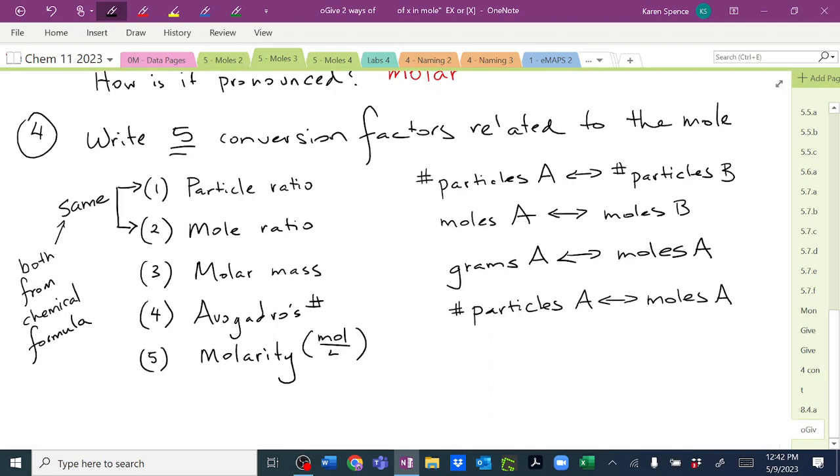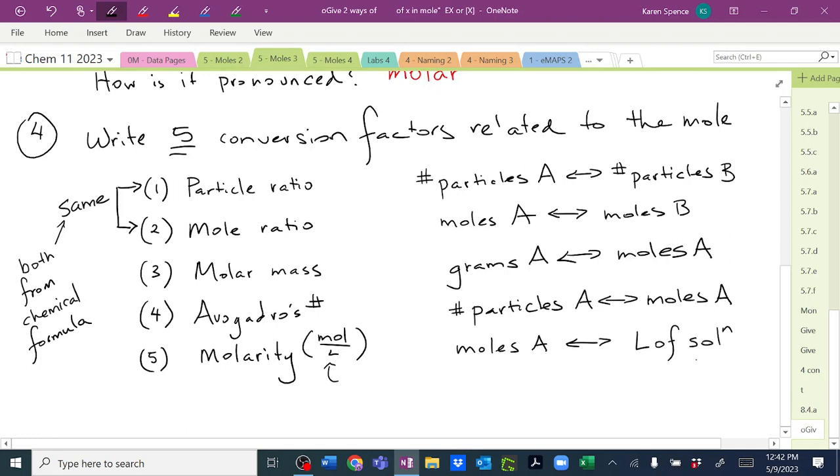Now, finally, our last one here, we can use this to convert between moles and liters. So that's moles of A. We can convert that into liters of solution.